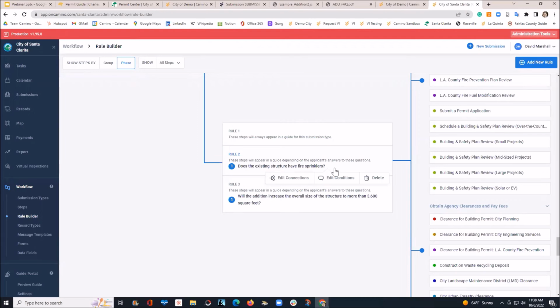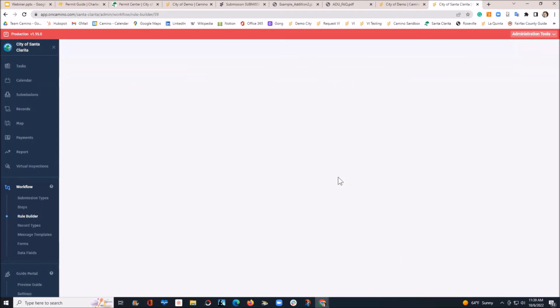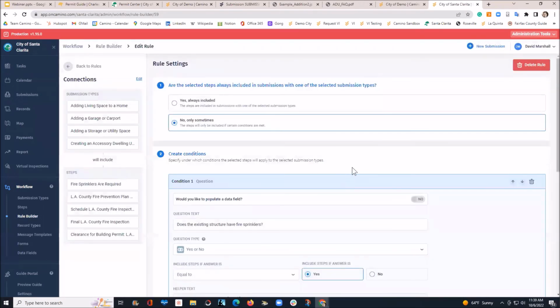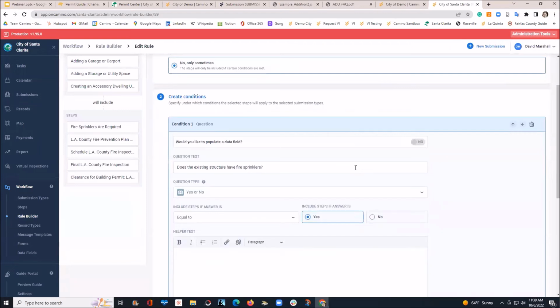The steps could also be based on GIS layers, right? So if they're in a flood zone, you do these steps. If they're not in a flood zone, you don't do these steps for this specific permit type. But we can also very easily edit the conditions here. And the only reason I like to share is just so you can see there's no coding involved in this. Here's the question. Does the existing structure have fire sprinklers?